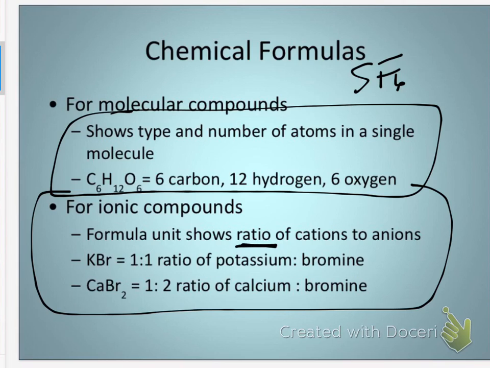Because there are no molecules, right? That'd be a molecular formula. Yeah, that was a Grant's Tomb kind of question. Some of you looked like you thought it was a trap. It wasn't. Ionic formulas can't show how many things are in a molecule because there are no molecules. They're ionic compounds. It's just big conglomerations of positive and negative ions.